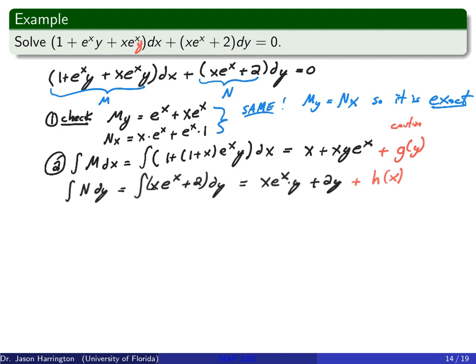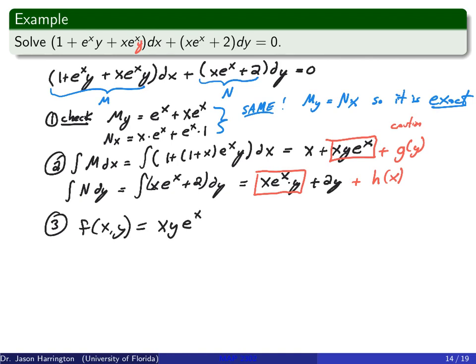Now, if you look at this, we want one function that satisfies both of these conditions exactly. So I have f of x comma y, and let's just see if we have any pieces that kind of stand out. We do notice that they both have this term in it. So we know that f's got to have x y e to the x.